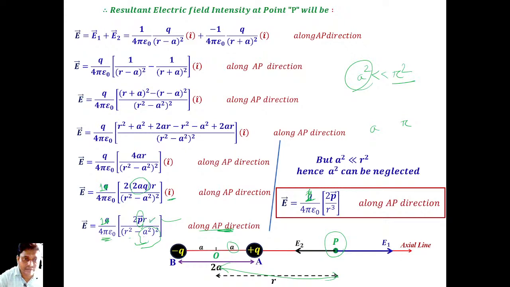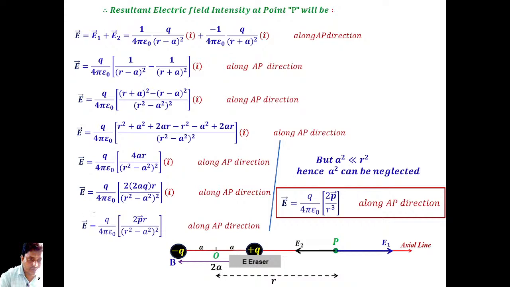Here r square will be r to the power 4 and this r will cancel out, finally we get r cube. So here we found the electric field intensity at point P due to this electric dipole will be this much.